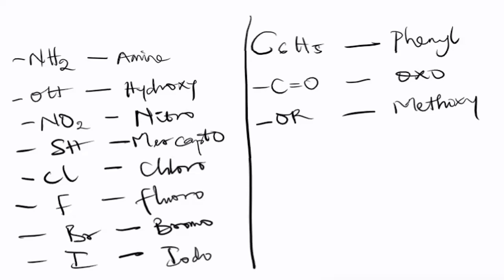So let's quickly go over to the next, which is listing all the substituents according to their priority. So we have the functional groups or the substituents according to their priorities. Over here, we'll go ahead and list all the functional groups according to their priorities.